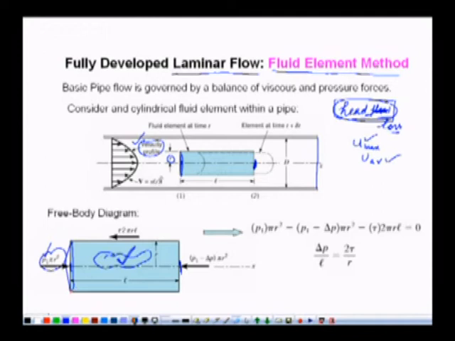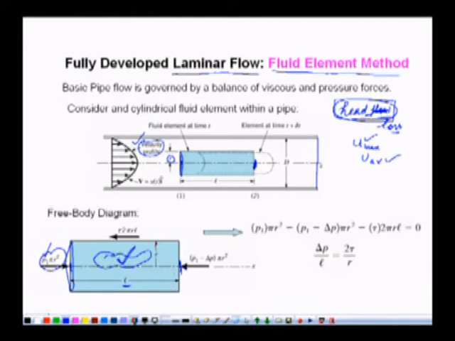Del P is the pressure loss between these two sections which are situated at distance L. So P1 minus del P, and this acts in the opposite direction because pressure always acts in such a manner that it compresses the fluid. So this one is acting in this direction and this one in this direction, though this fluid element is moving in the x direction. So P1 minus del P into area, and this del P is lost to overcome the frictional resistance.